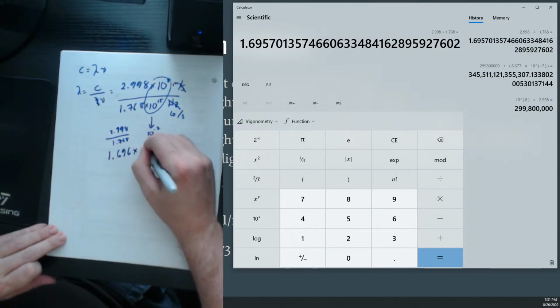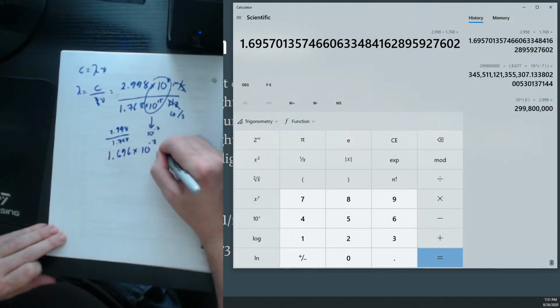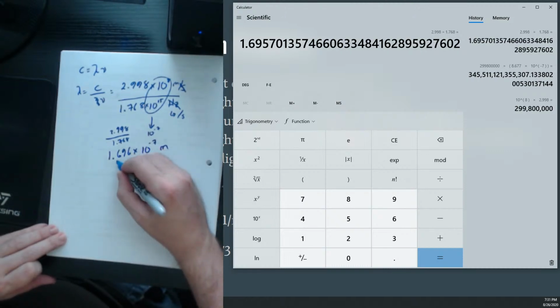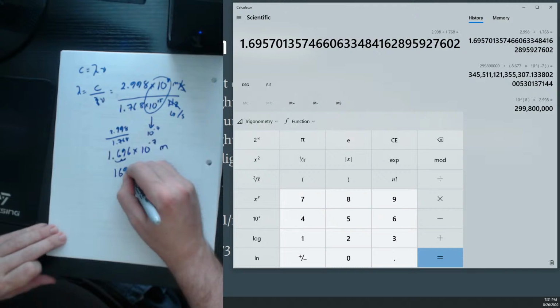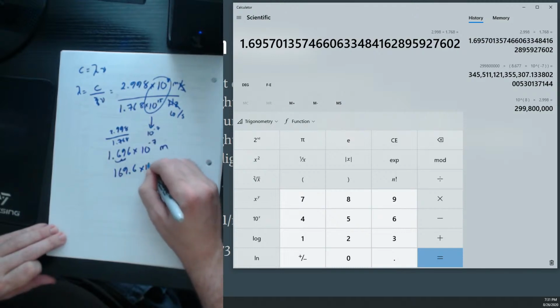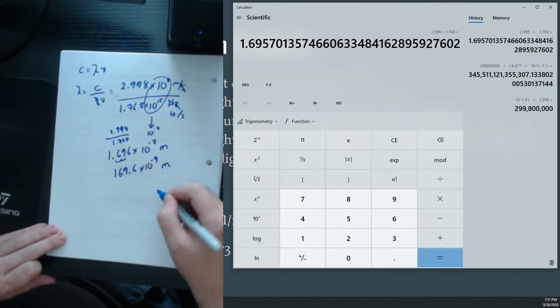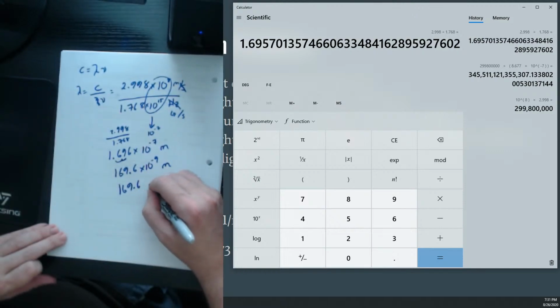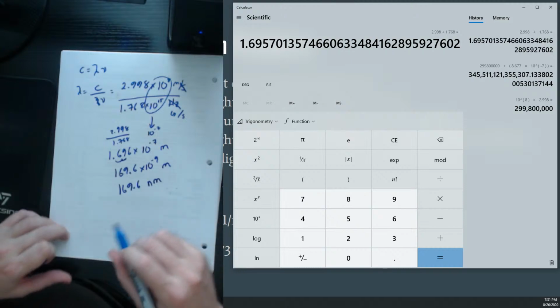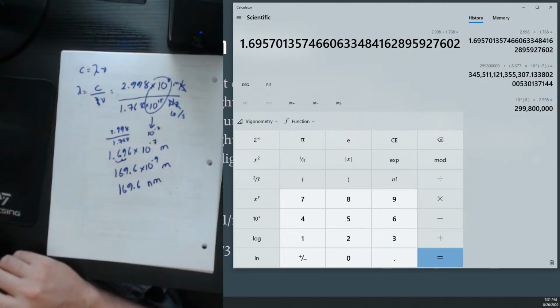1.696 times 10 to the negative 7th meters, or if we move this 2 to the right, 169.6 times 10 to the negative 9th meters, or 169.6 nanometers. Meaning this is ultraviolet, maybe far ultraviolet.